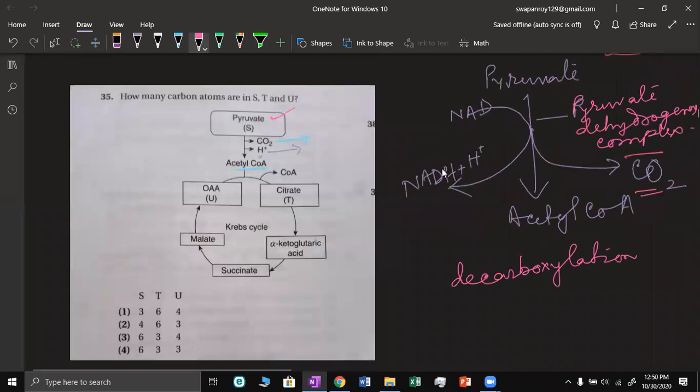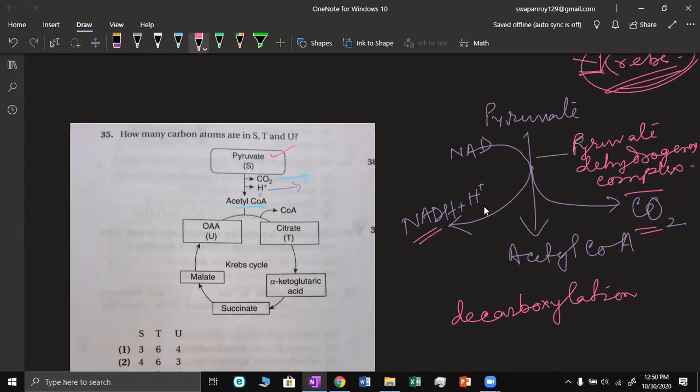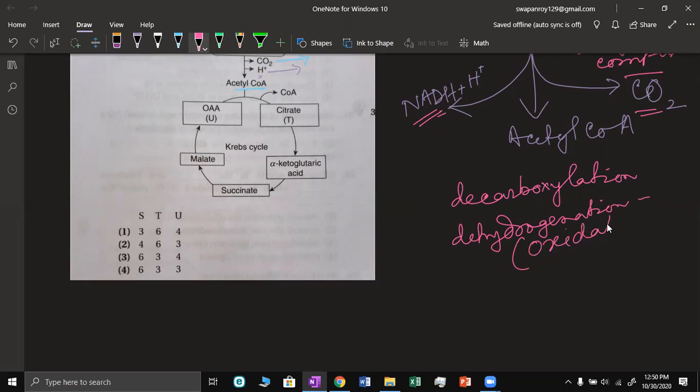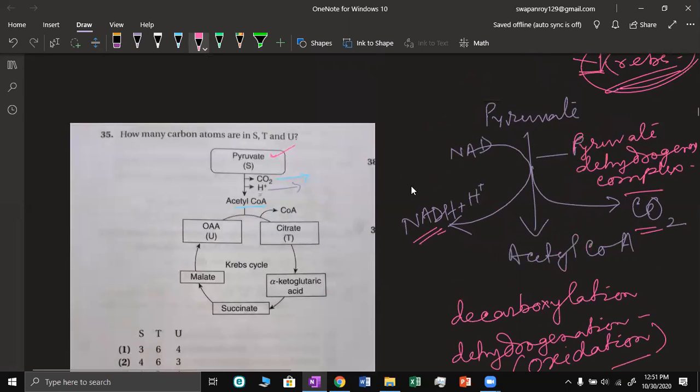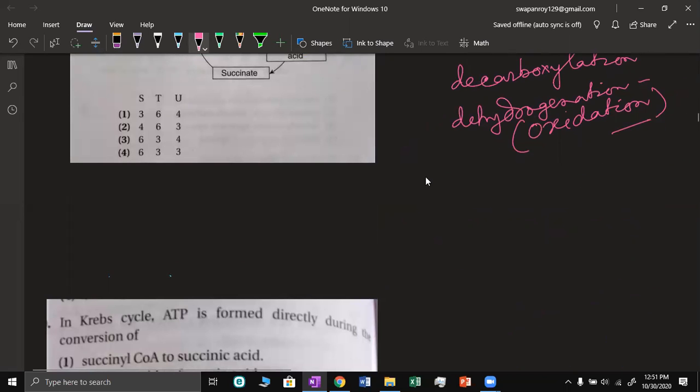And dehydrogenation takes place, that is, hydrogen is removed, and removal of hydrogen is called oxidation. So the process is known as oxidative decarboxylation.